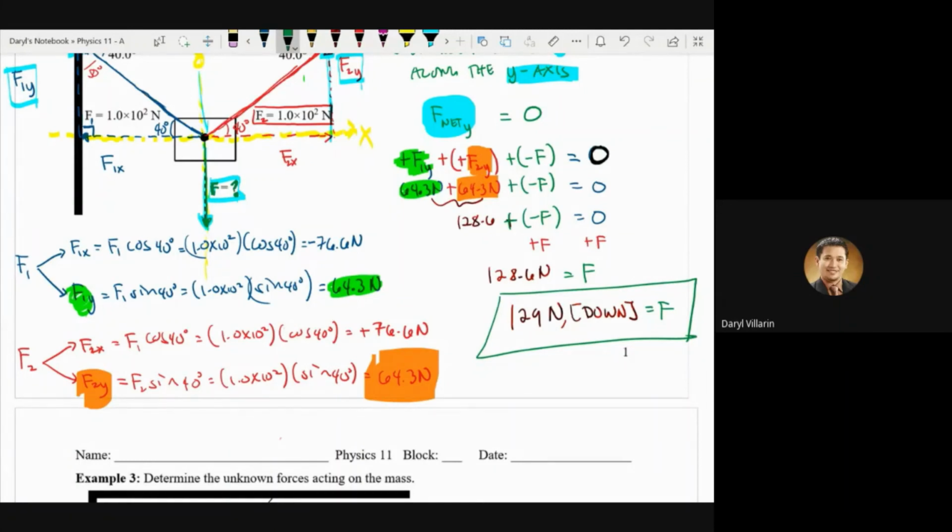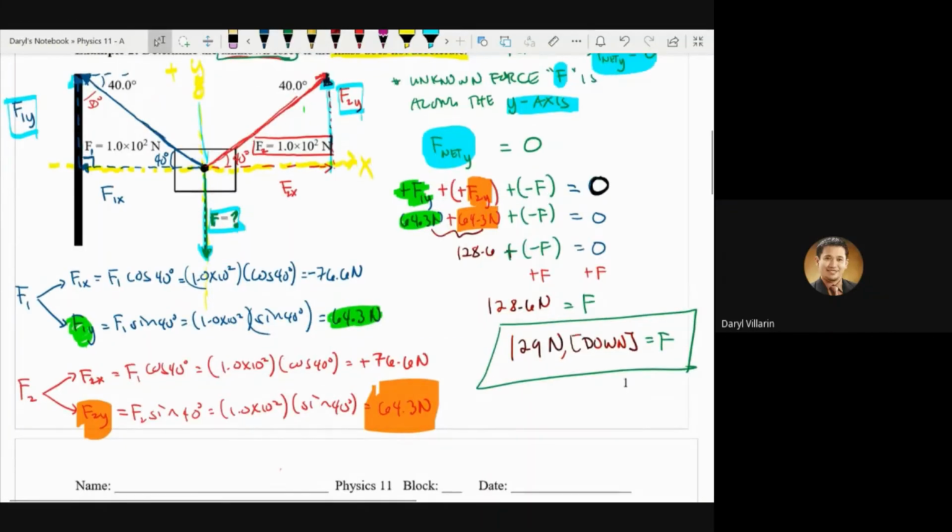Okay, so any question with this one here? So it's not always that you'll be solving for the y, but maybe sometimes you'll be asked, what do you think would be the other force along x this time? Well, I would say that the x component, let's say for example, I get this value here, 76.6 newtons.